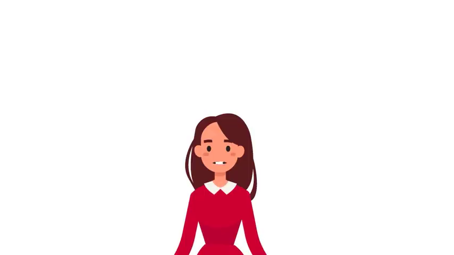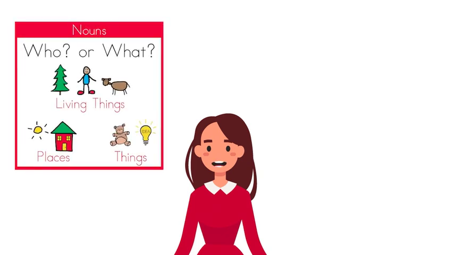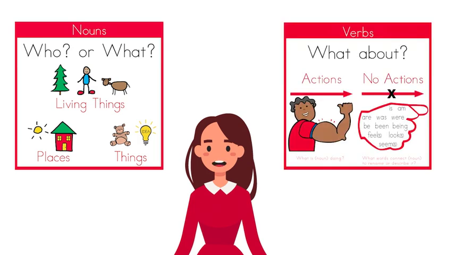Today is our 8th grammar lesson. In previous lessons, you learned about nouns and verbs. Nouns are living things, places, and things. Verbs are action words or no action words.